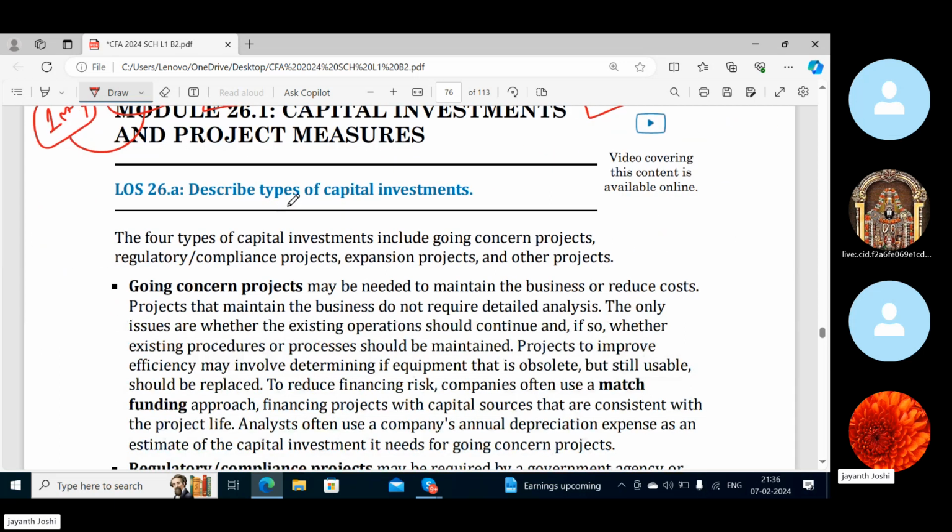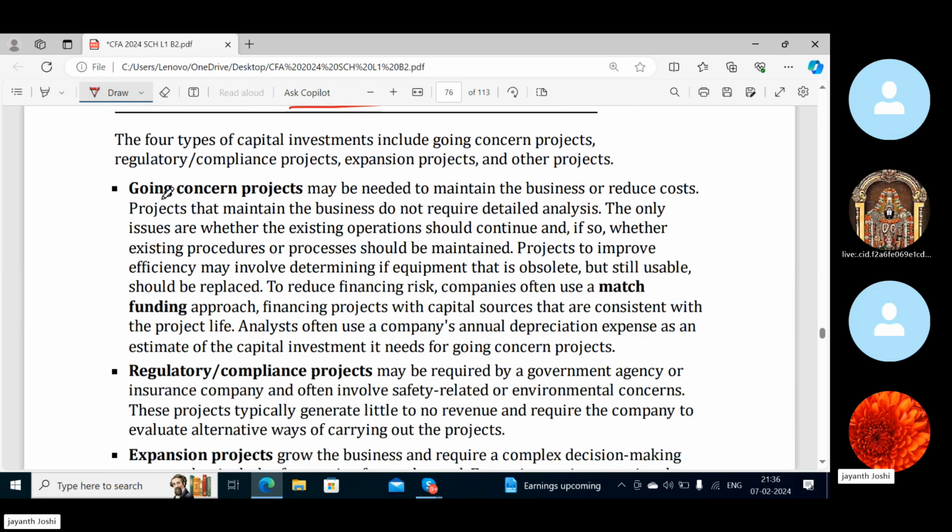Describe types of capital investments. First and foremost, you can put your money into going concern projects. That means projects which are not going to stop or run on a seasonal basis. You're putting your money into a business which is going to run for a long period of time, with no disruption.